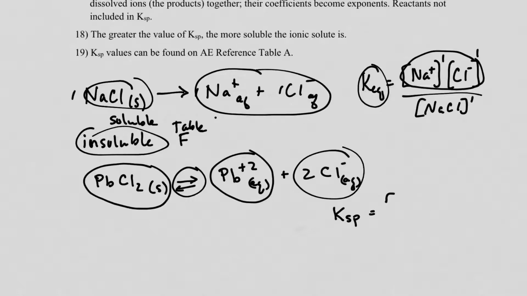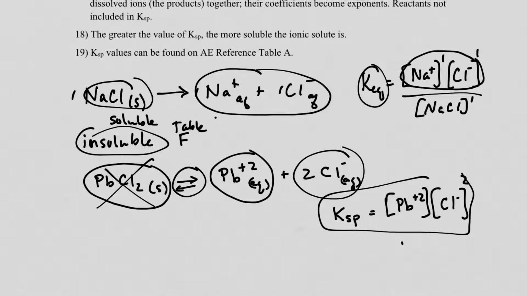So this is going to be written up as the concentration of lead plus 2 ions, times the concentration of chloride ions raised to the second power, and then that's it. You do not include the solid salt that was the reactant in this.